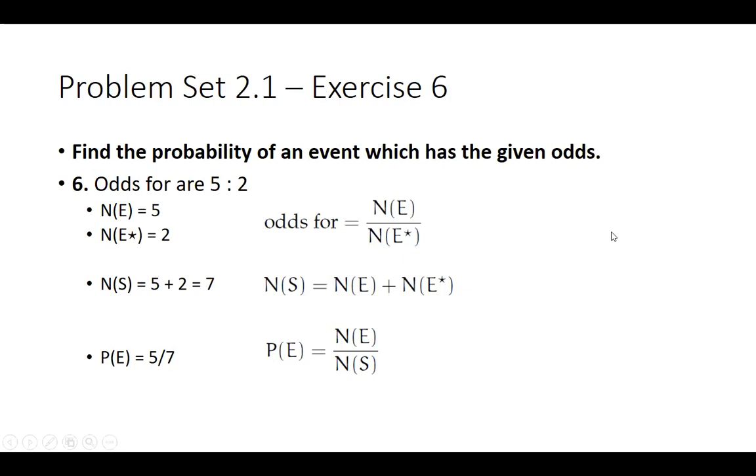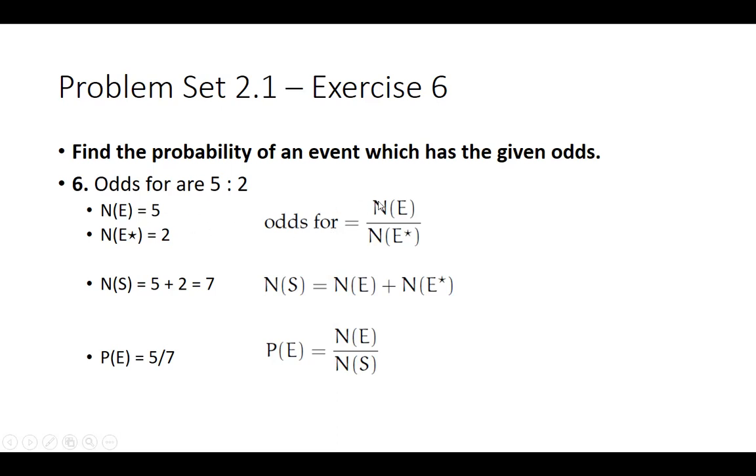Number 6, we're going to switch up what we're doing. We want to find the probability of an event which has the given odds. In number 6, we're given that the odds for the event are 5 to 2. Since the formula for odds for is NE over NE star, that means NE must be 5 and NE star must be 2.